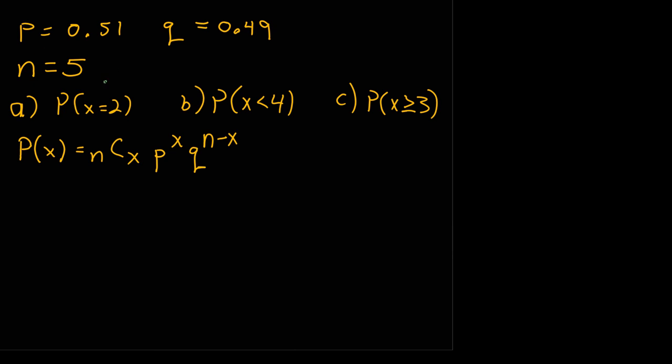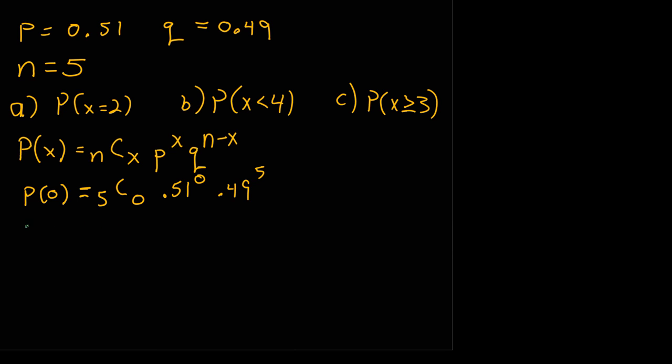Now there are a total of 6 probabilities that will come through here: P0, P1, P2, P3, P4, and P5. So let's start by generating those probabilities. P0 on the calculator would be 5 choose 0, times 0.51 to the 0th power times 0.49 to the 5th power.